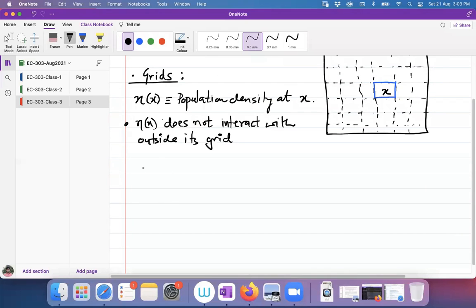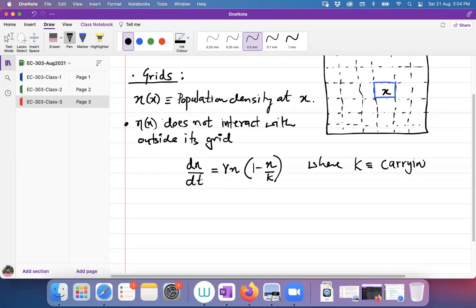If so, what's the population growth equation going to be for this? Can't we use the logistic model with the local population? Okay, excellent. So we can write it, where K is the carrying capacity of X, the grid X.